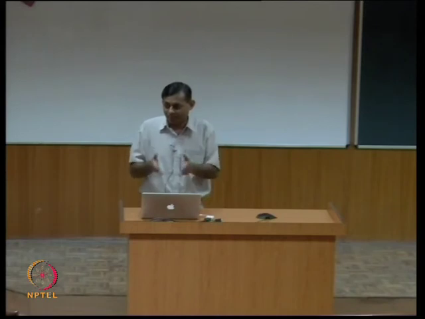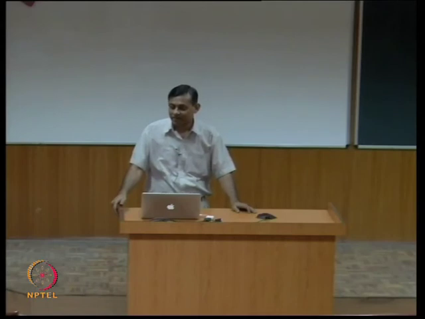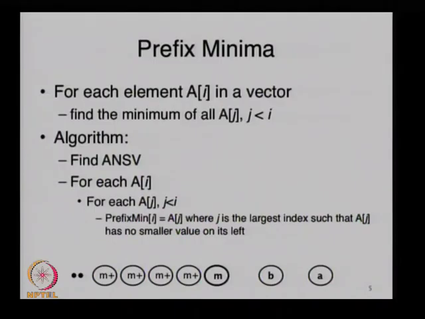Right? Because B has an ANSV. The property of M is that it is the leftmost element which does not have an ANSV. Which means people to its right have ANSV.